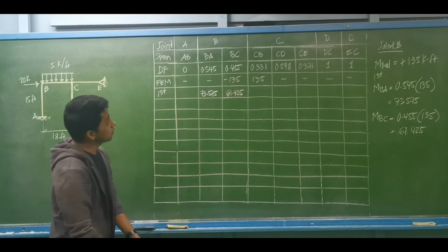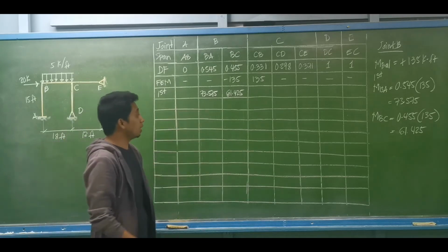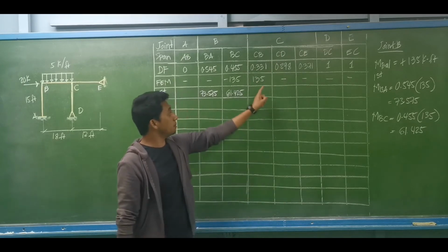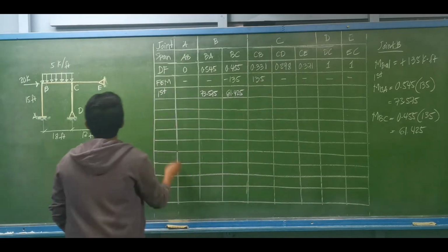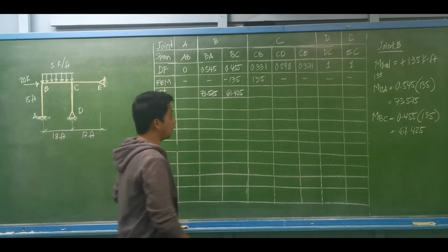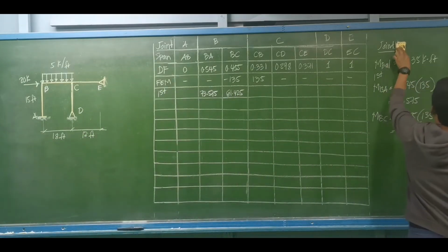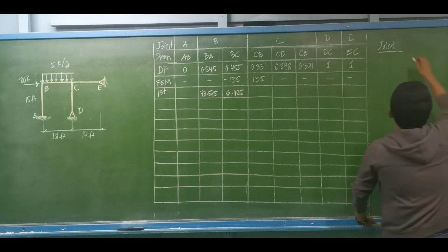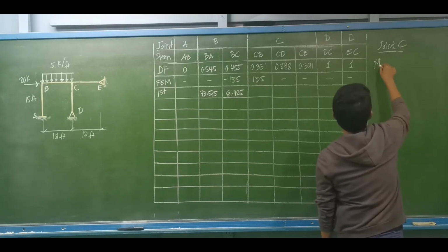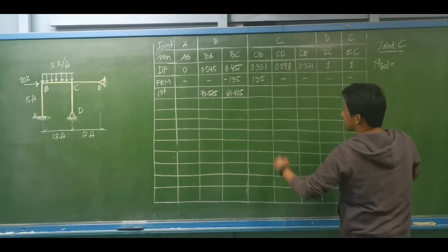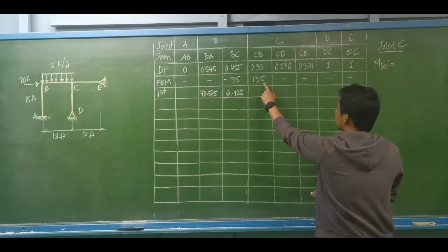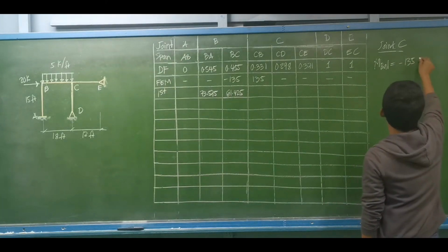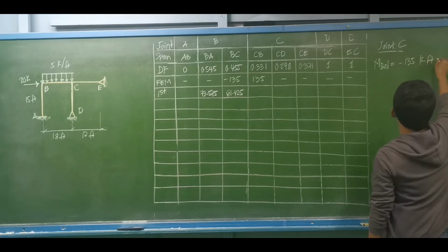So that is for joint B. While we are to do the same for joint C. At joint C, we have the moment 135. Let's say for joint C, what will be the value of the moment that will balance? Since we have positive 135, to balance, use the opposite sign. That is negative 135 kips foot.